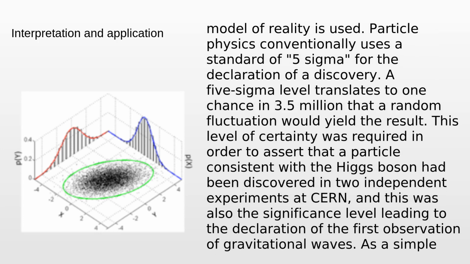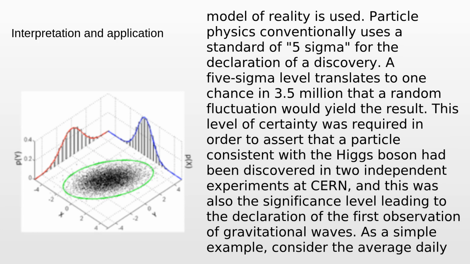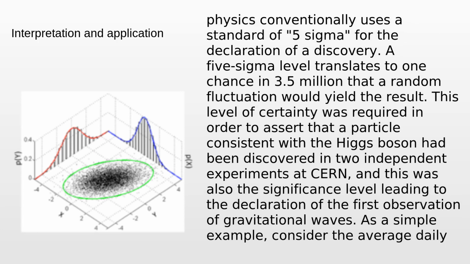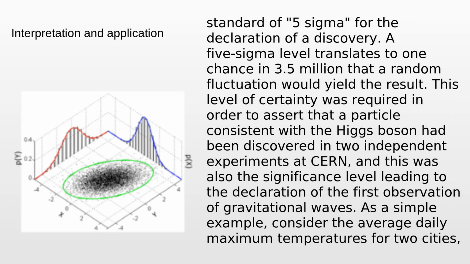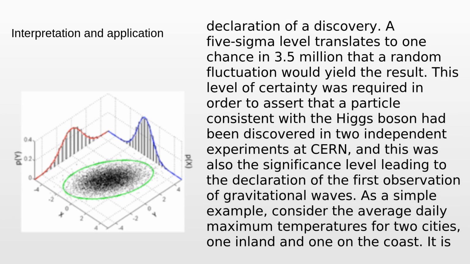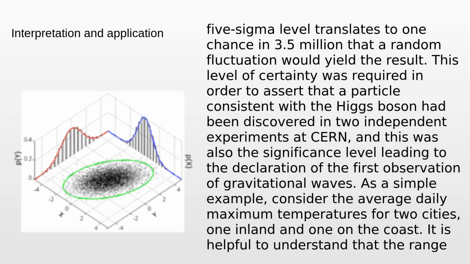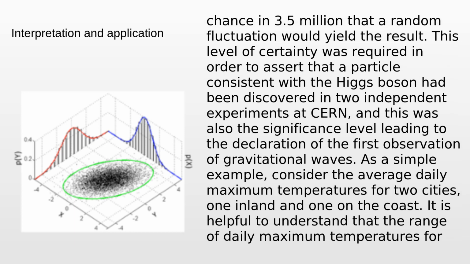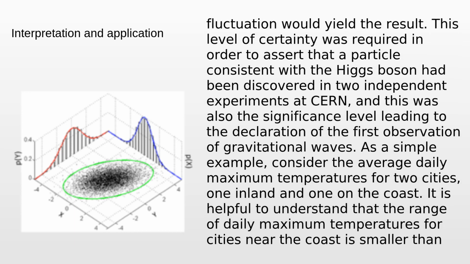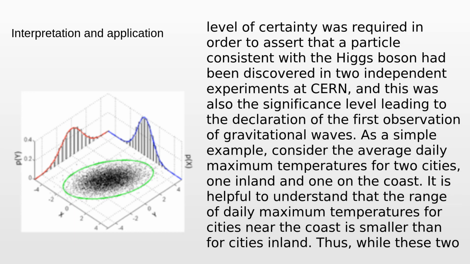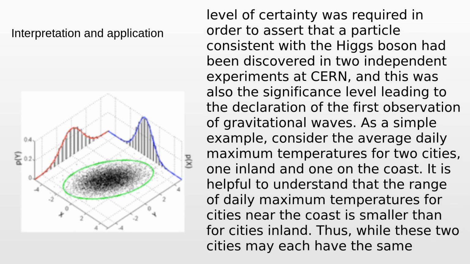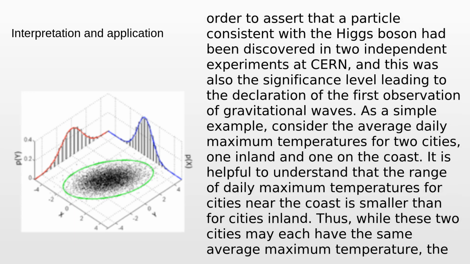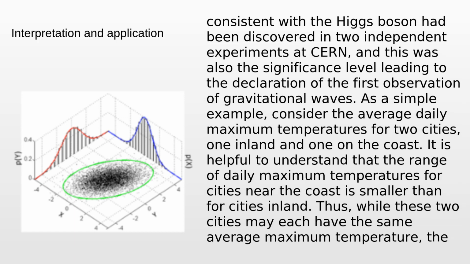A 5 sigma level translates to 1 chance in 3.5 million that a random fluctuation would yield the result. This level of certainty was required in order to assert that a particle consistent with the Higgs boson had been discovered in 2 independent experiments at CERN. And this was also the significance level leading to the declaration of the first observation of gravitational waves.